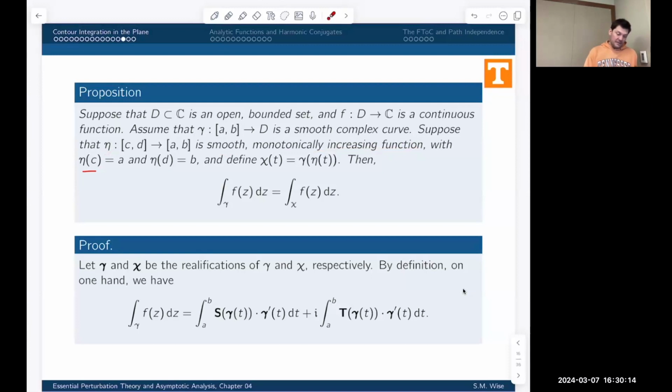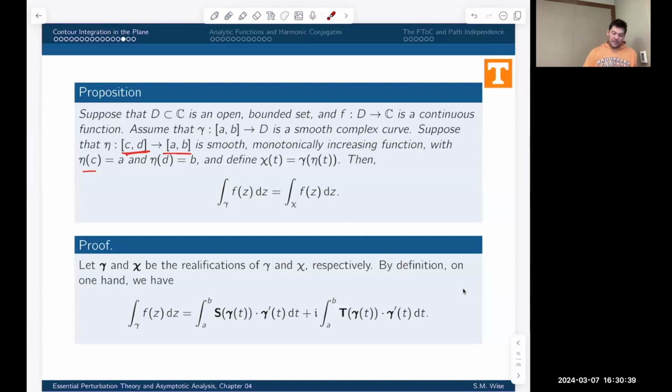So it's basically a way of taking this contour and either stretching it or contracting it, but you do it in such a way that this eta is monotonically increasing. Now we're going to define a new contour chi, which is gamma composed with eta. So this is what we call a reparameterization curve.